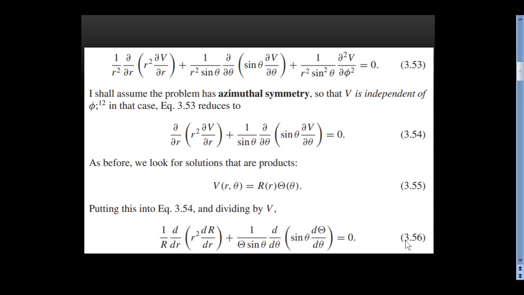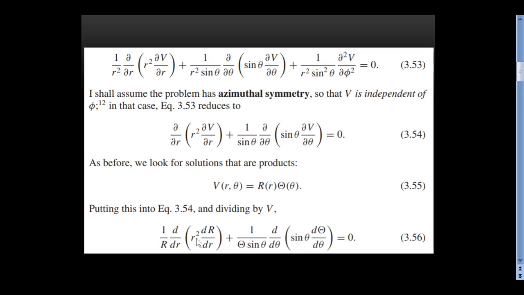Now in this equation, one thing you notice, the first term depends upon only one variable, that is small r. The second term depends upon another variable, that is small theta. So the first term we can write as a function of small r only. The second term is another function, let us say g, which is a function of theta.